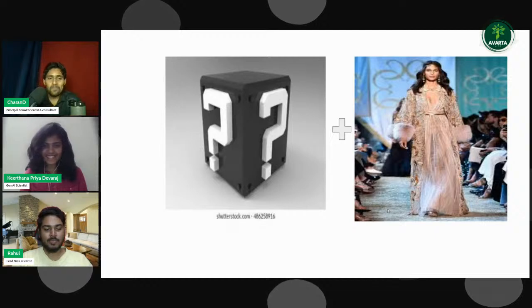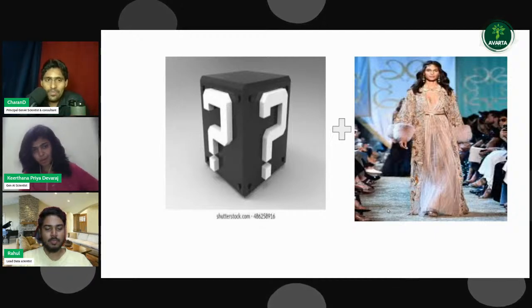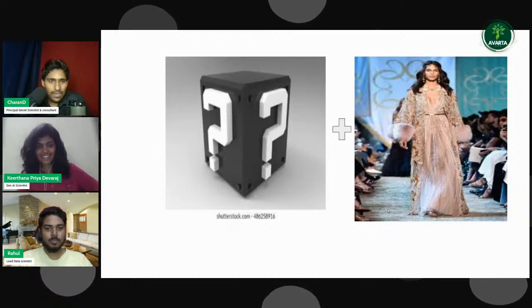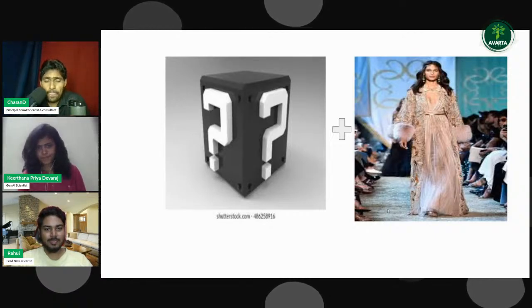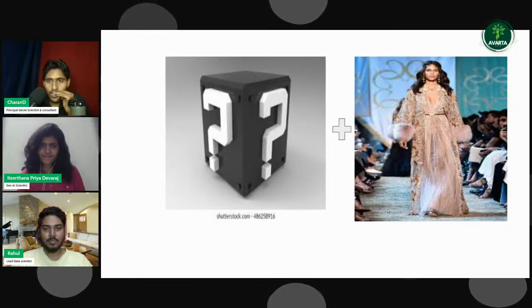Okay, this is something crazy. What question is this? A question mark, a box and a question mark. I think something related to evaluation. Okay, so there's a model who is walking. People are judging, like there are judges who are evaluating. Yeah, evaluation probably because judges are also there.